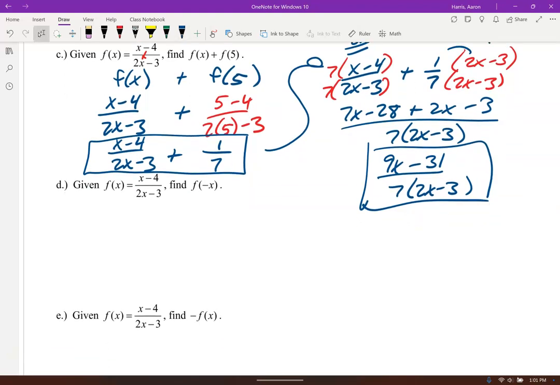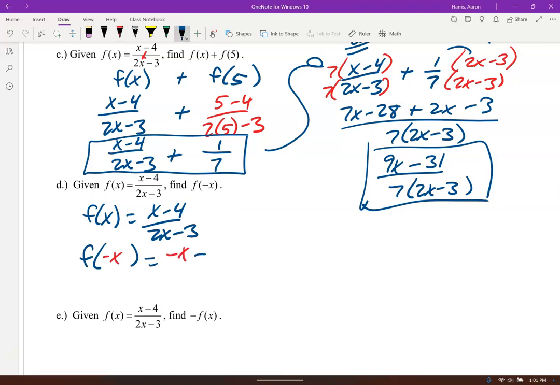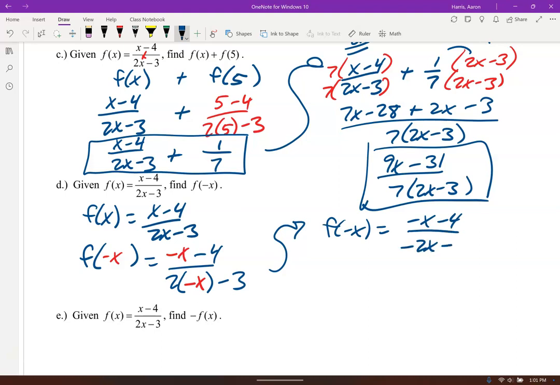All right, f of negative x. Well, f of x is x minus 4 over 2x minus 3. f of negative x would be negative x minus 4 over 2 times negative x minus 3. So f of negative x ends up being negative x minus 4 over negative 2x minus 3.